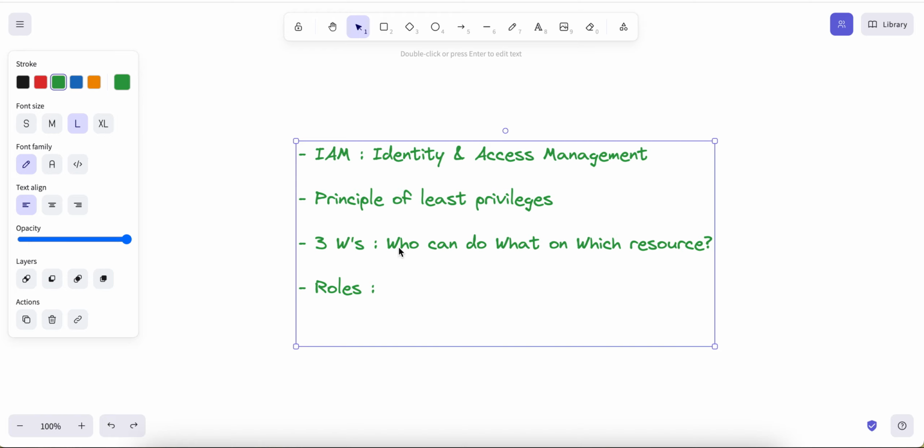Who means who is the user, basically your GCP account which you have created. What means what all things a particular user or a particular GCP account can do on a particular resource, that is nothing but the which resource. Let's say user ABC can read from cloud storage, but user ABC cannot write data into the cloud storage.